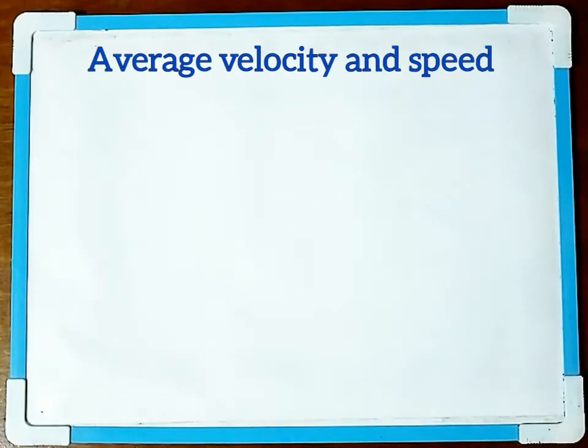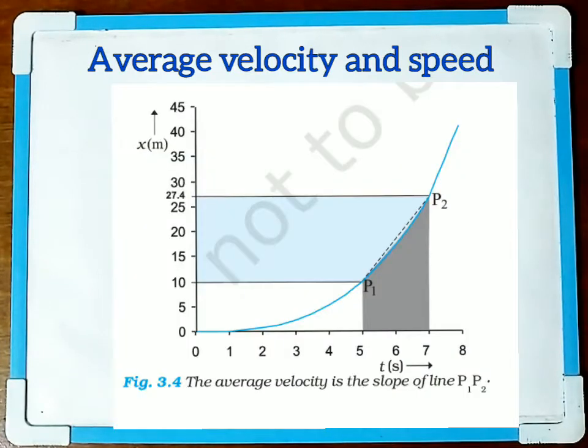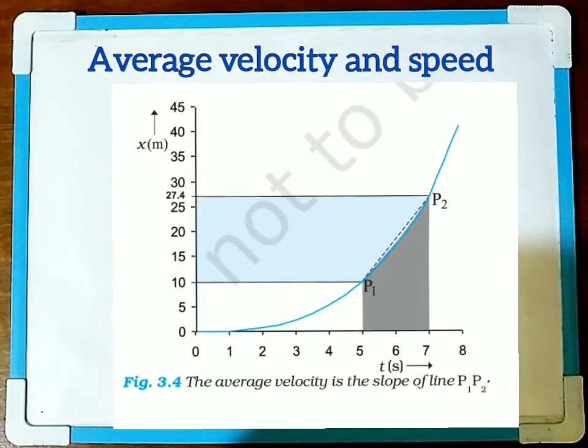Now let us consider the motion of a car in a straight line, and the position time graph for this motion is shown in the figure. As we can see from the graph, at 0 second the displacement is 0, and at 5 second the displacement is 10 meter, and at 7 second the displacement is between 25 and 30, and in this case it's 27.4 meter.